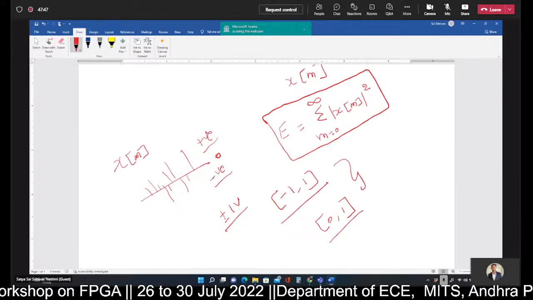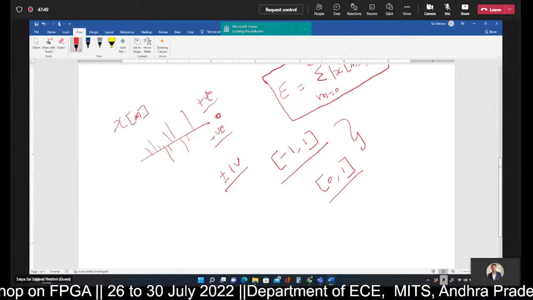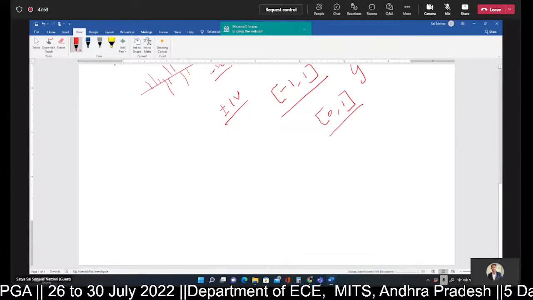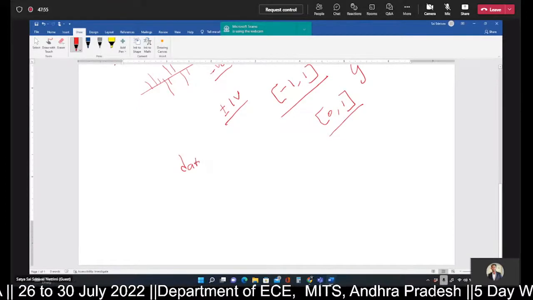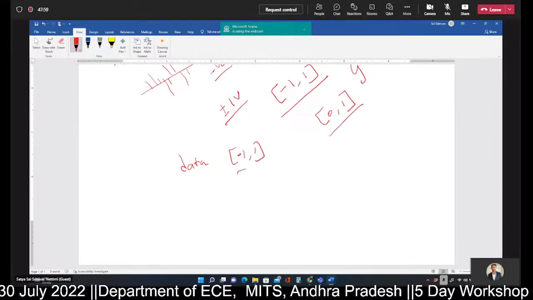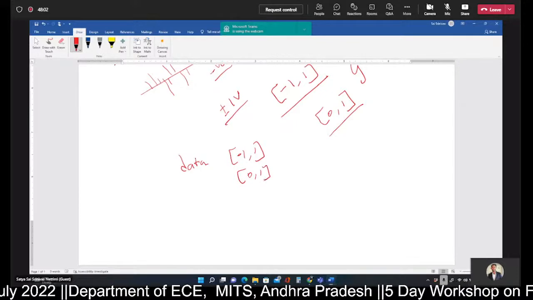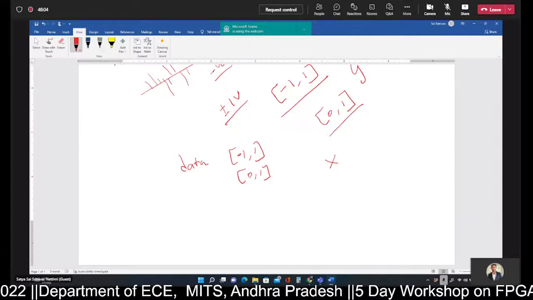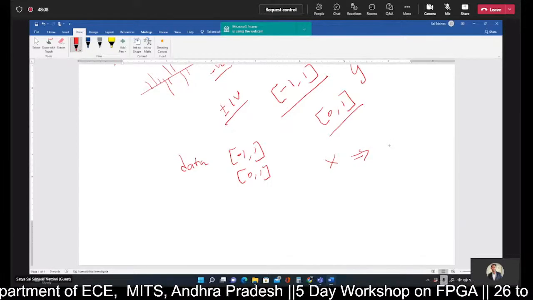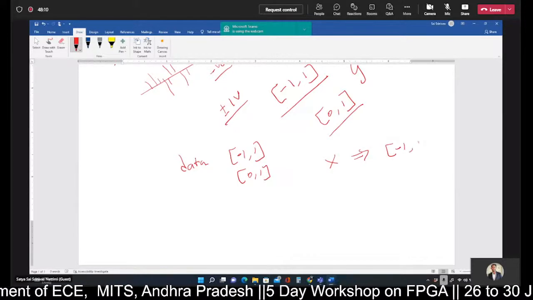There is a significance when it comes to digital hardware architecture. Why? Because if the data samples are in the range of minus 1 to plus 1 or else 0 to 1, if you do multiplication, the resultant value also lies within the same range.